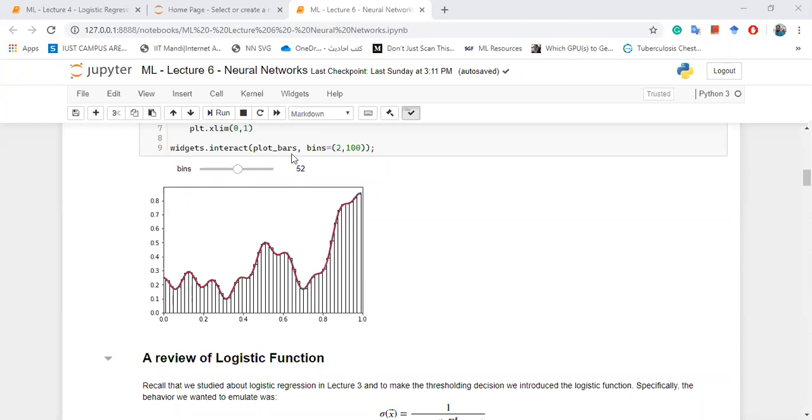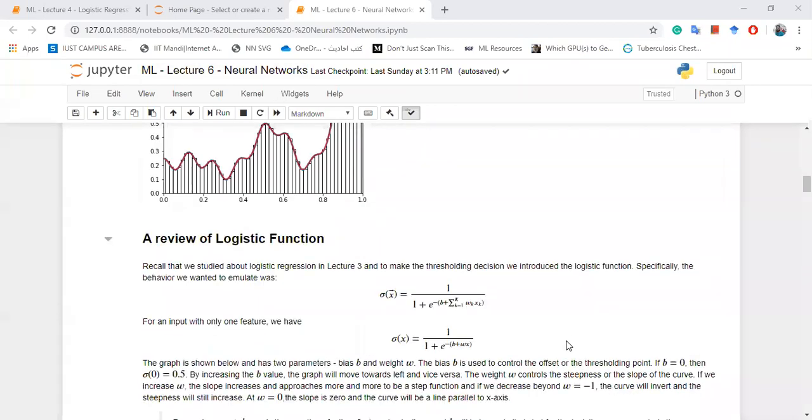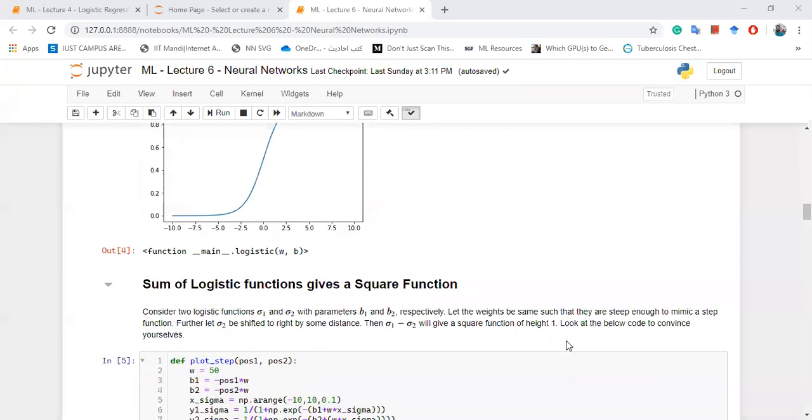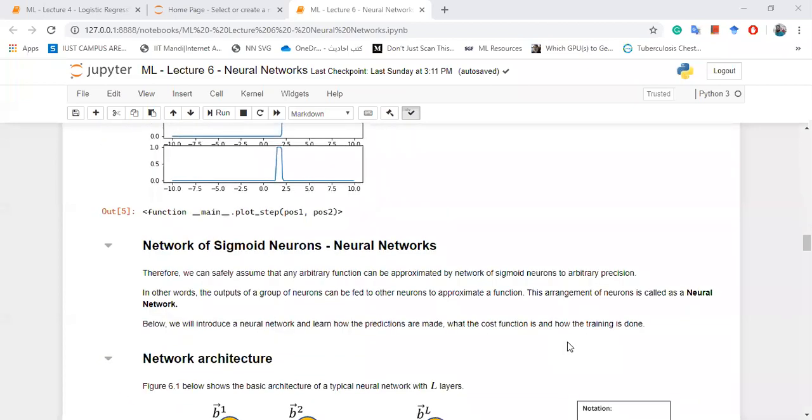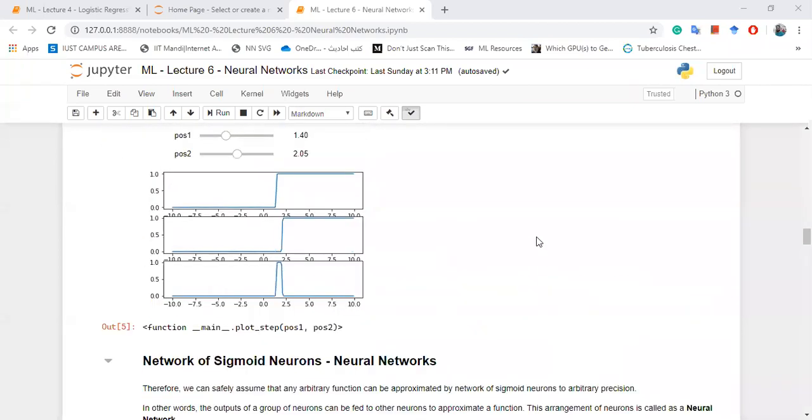So that translates to how many logistic functions we will be using. That in turn translates to the number of neurons in a particular layer and the total number of layers in a neural network. So keeping this background in mind, now we can study these networks of sigmoid neurons, right?